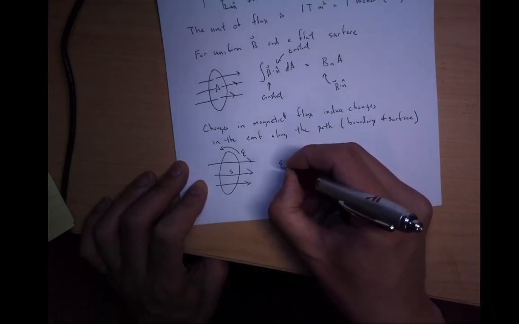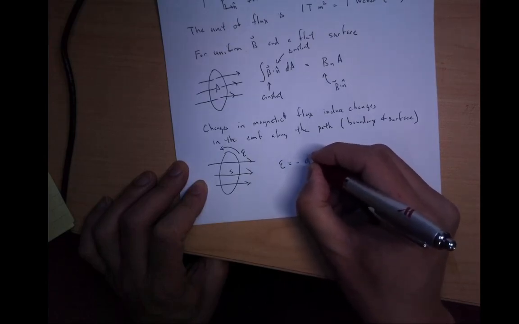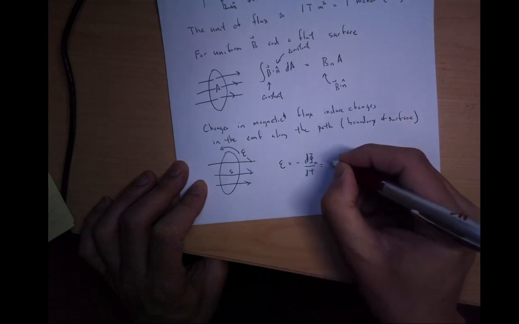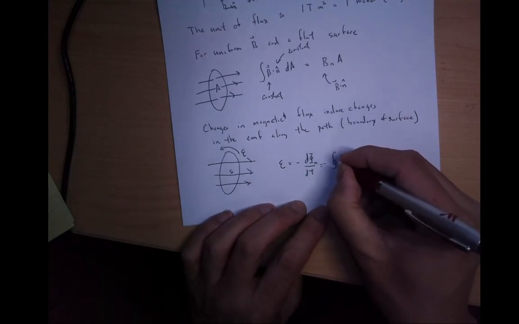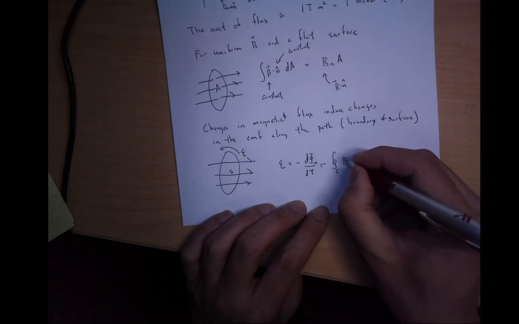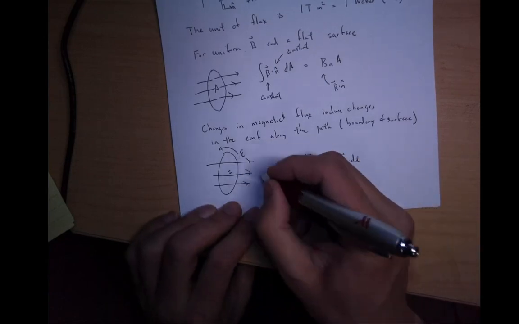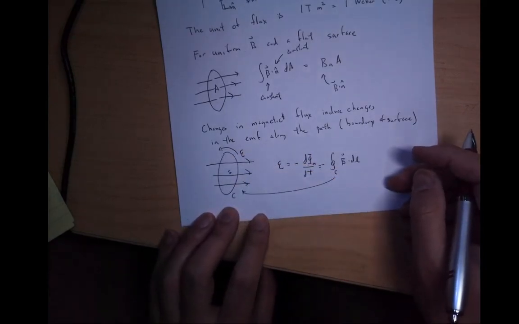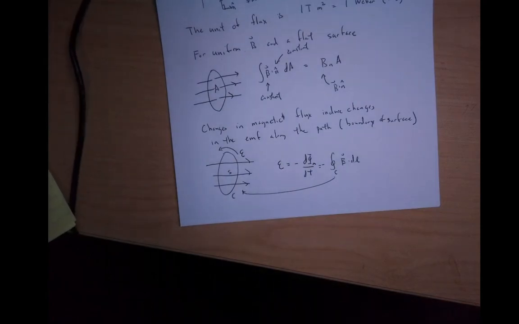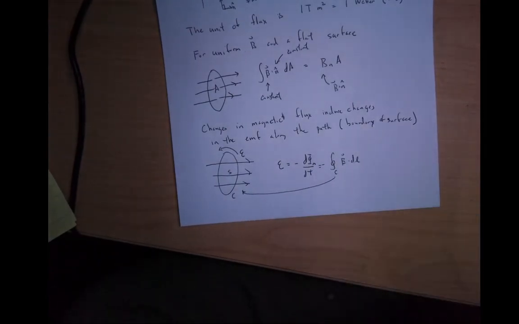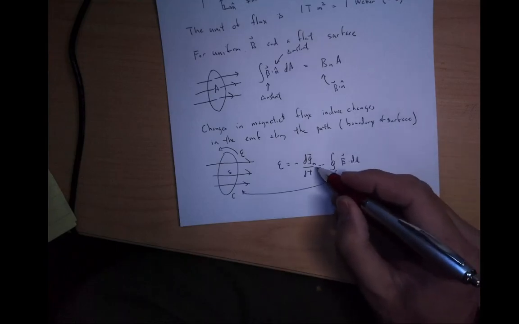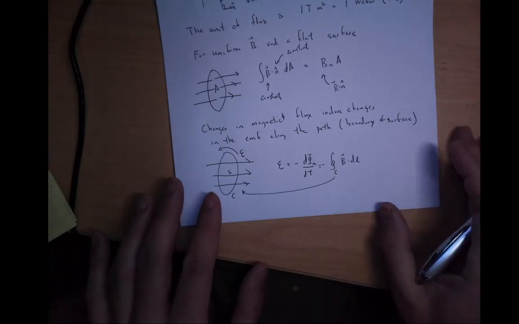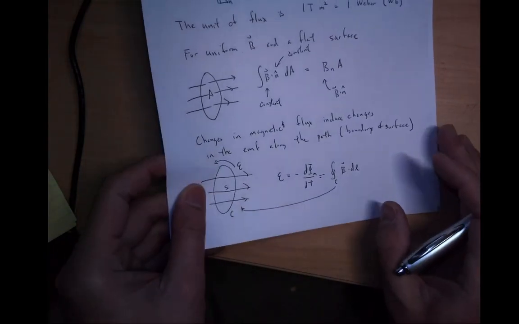All right, so the EMF is going to be equal to minus d phi m dt, which is equal to minus the integral over C of E dot dl, right? Where the C is this curve going around this thing. All right. Now, one thing you've noticed is that I wrote this little m there, and that's because this is distinguished from the electric flux, which is in Gauss's law. All right. Okay. So that's the magnetic flux.